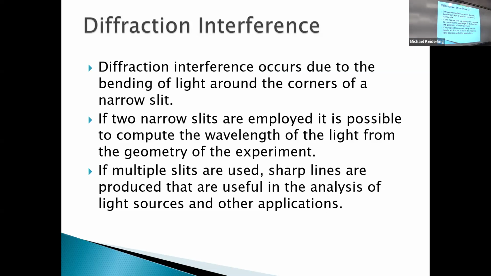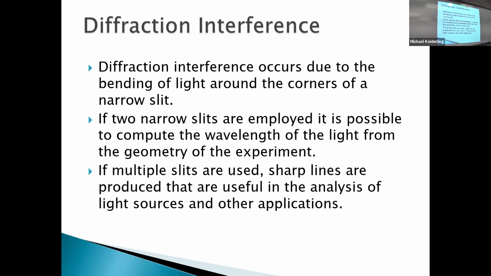So this has a grid pattern, lots and lots of slits, both horizontal and vertical, which is why you get dots up and down and left and right, this sort of square pattern.